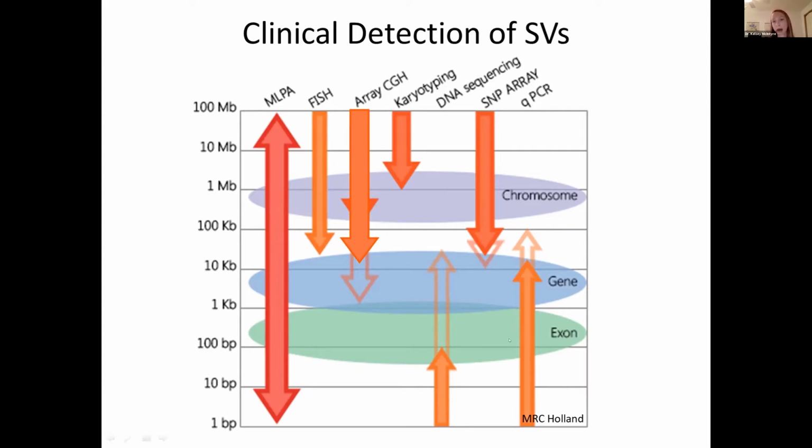So we really have this gap right here in the middle, which, interestingly enough, overlaps with the gene and exon size, where we have a lot of clinical interest in events that are between 100 base pairs or even up to 1 kb to 10 kb, but we don't have a good clinical assay that we can use to interrogate the entire genome for structural variants of this size.